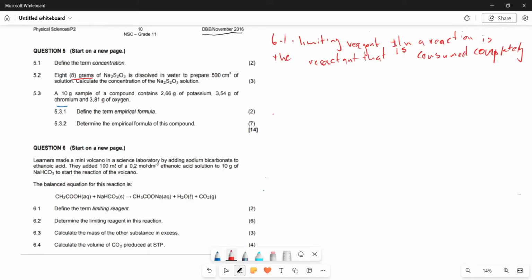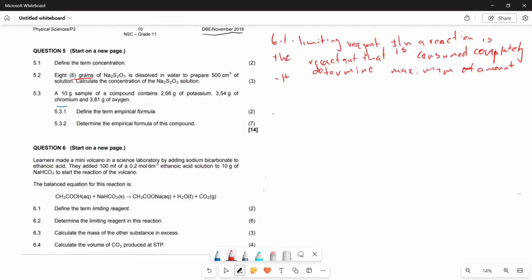And then what does this give us? It also determines the maximum amount of product produced.